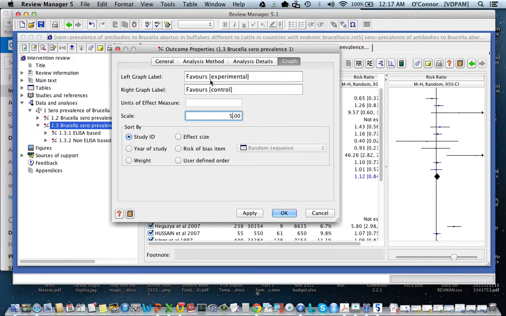Now last time, remember, I also changed these labels. And what we had was that if it was on the left-hand side, that meant it was higher in buffalo. And if it was on the right-hand side, it's higher in cattle.